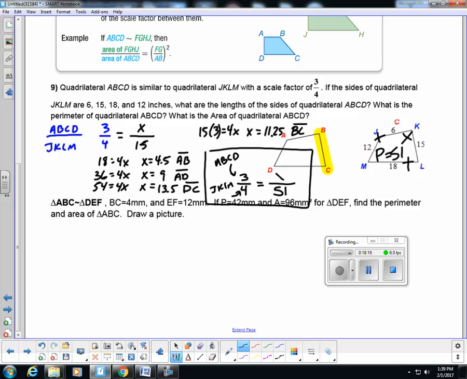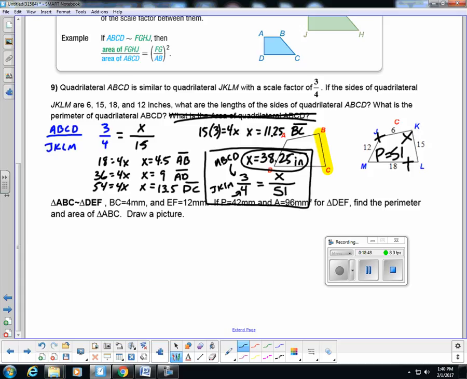I don't know the perimeter of ABCD, that's what I'm trying to figure out. Cross multiply, 51 times 3 equals 4x, and you end up with x equal to 38.25. Do I have dimensions? Inches. So that's the perimeter right there. Now area, we're going to examine that in the next problem.